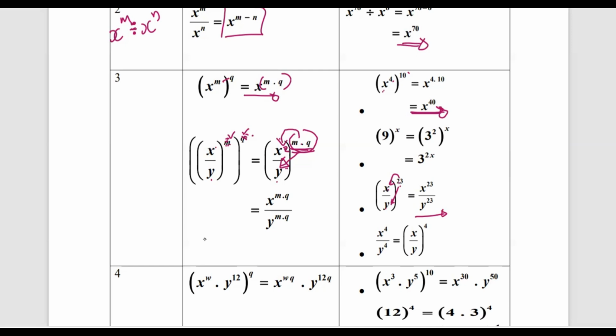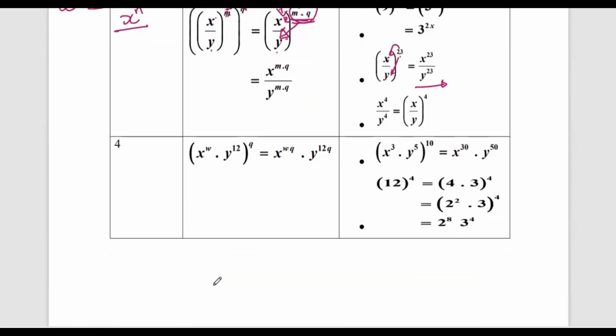And the opposite is true. In other words, we can move forward, and then we can also move backwards. What this means is that if we're given a question like maybe x to the m minus n, you can also write it as x to the m divided by x to the n. Something like that. That's what I mean by it can flip backwards using the laws.